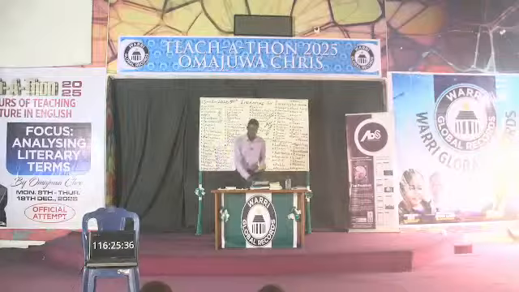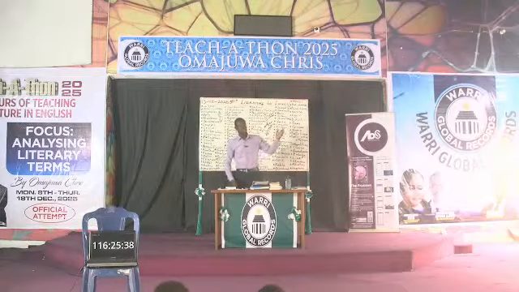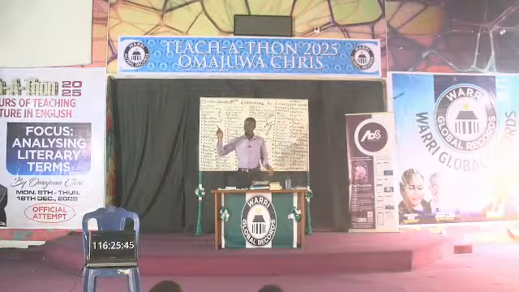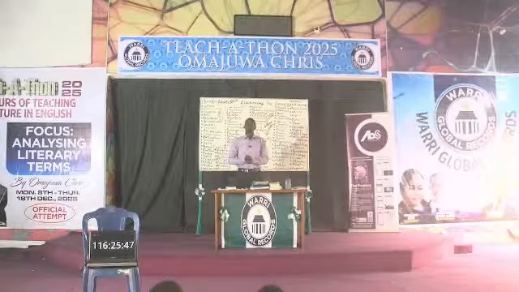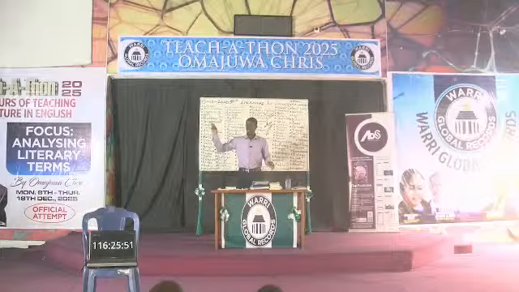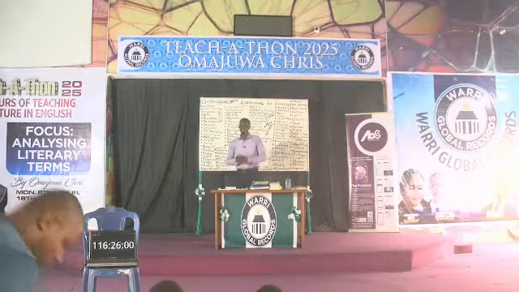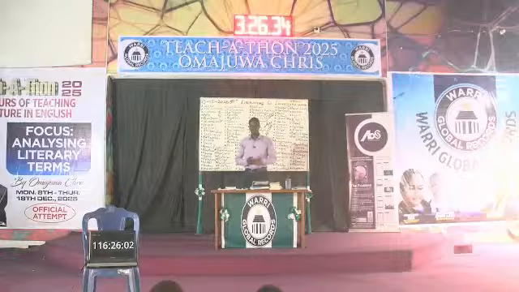For instance, let's say, "Shall I compare thee to a summer's day?" We have 8 words. "Thou art more lovely and more temperate." We have 7 words. When I ask now which line is longer, some of us will say the first line. But according to poetry, let's see if they are equal.